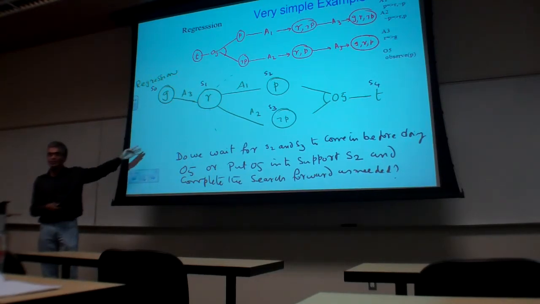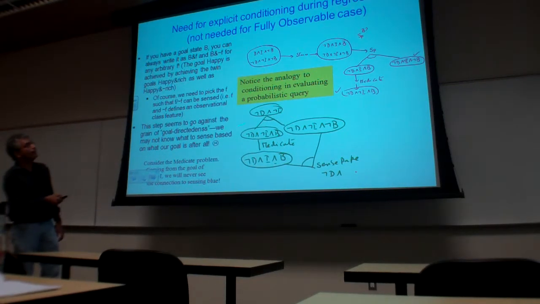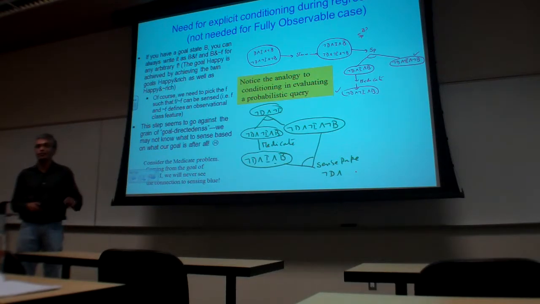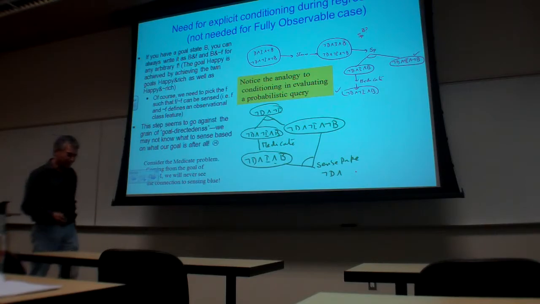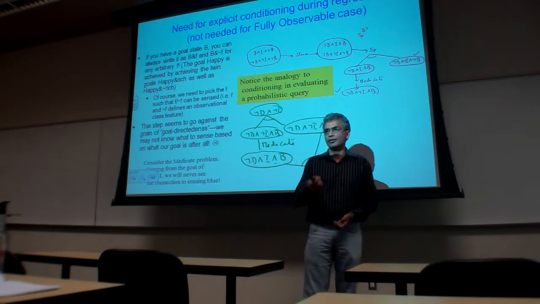I'm just giving you an example of the kinds of issues involved. This was the regression version for the Medicaid problem, but in general, when you have sensing actions, regression is more complicated.